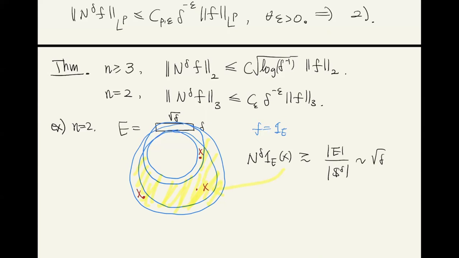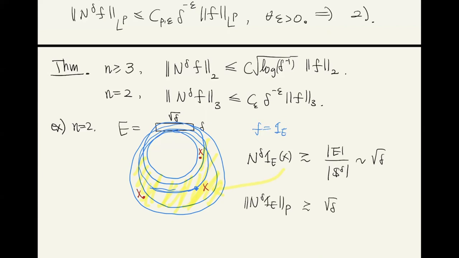So for any x, we can find an annulus passing through this point x that contains this set E. So that's what this maximal function does.